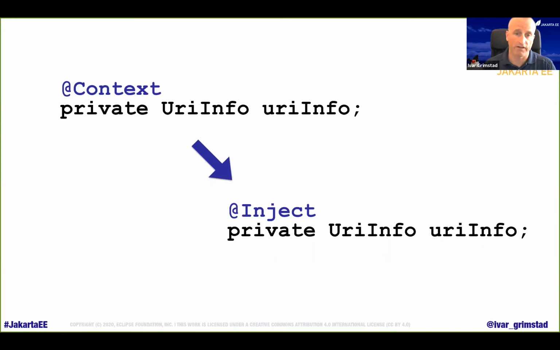And there are also a lot of other places where they're moving away from the proprietary annotations that were used in previous versions and replacing them by the CDI counterparts. So Jakarta REST will be a backwards incompatible release with the previous versions of Jakarta REST.